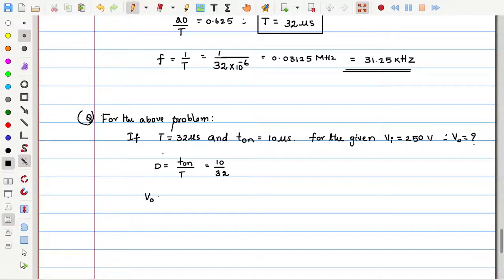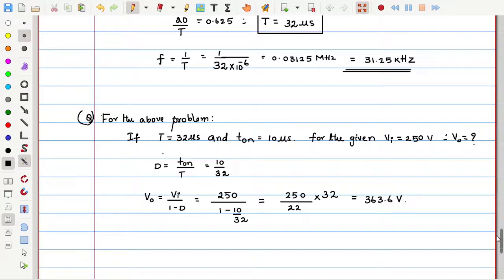Then V naught is equal to input voltage divided by 1 minus D. So 250 divided by 1 minus 10 by 32. So 250 by 32 minus 10 is 22 divided by 32, into 32, that becomes 363.6 volts. Is that correct?